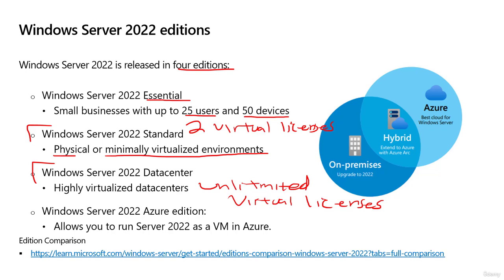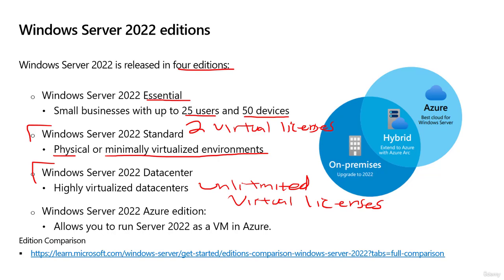Now there's a catch to that though. The 2 virtual licenses that are included, they require you to not use the operating system for anything other than hosting a virtual machine. If you do anything else with the operating system, like you decide, I want the physical server to be a file server and I want to create virtual machines, then one of your virtual licenses will be considered consumed.